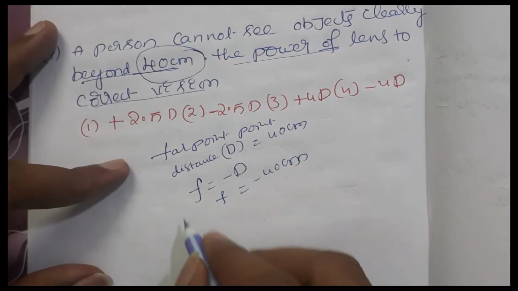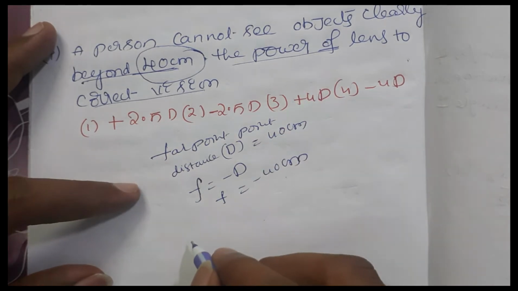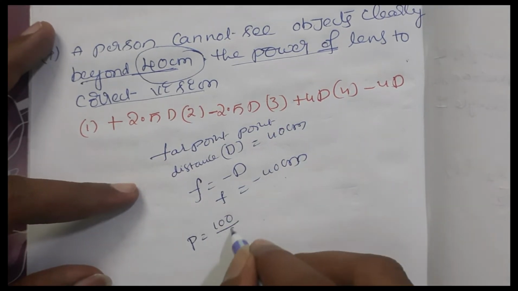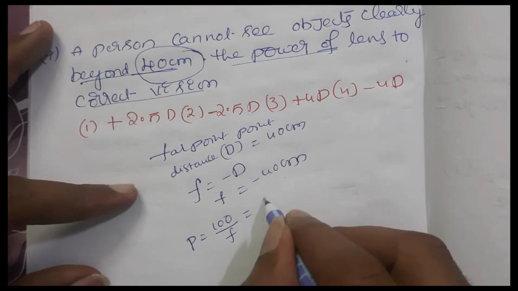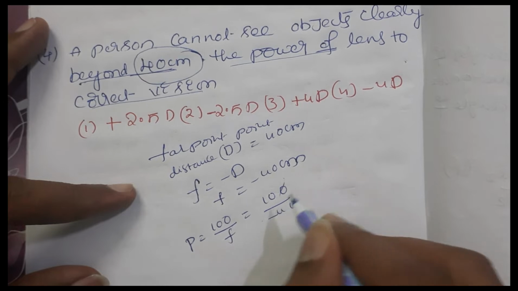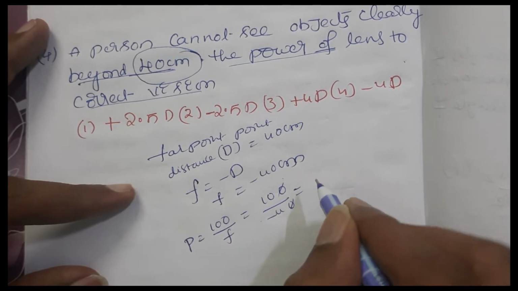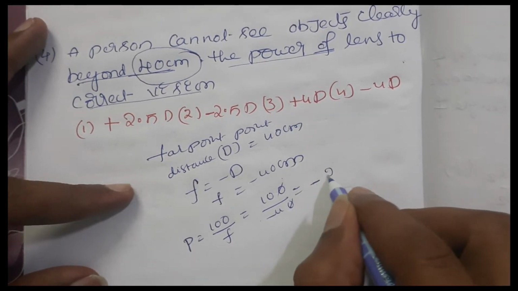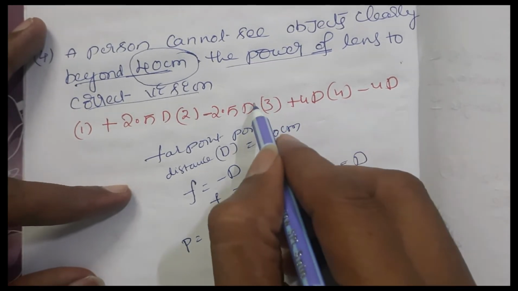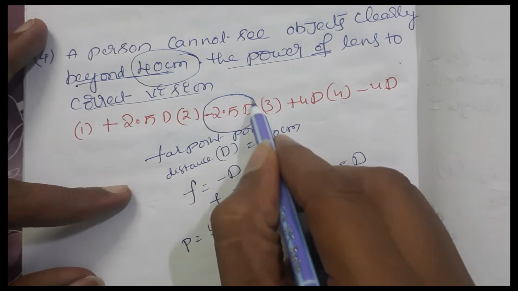Then we want to calculate the power of the lens, students. Power is equal to 100 by f, where f is taken in centimeter. That is 100 by minus 40, that is minus 2.5 diopter. Minus 2.5 diopter.